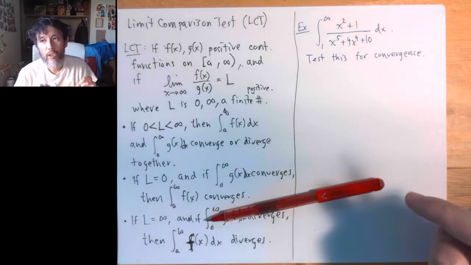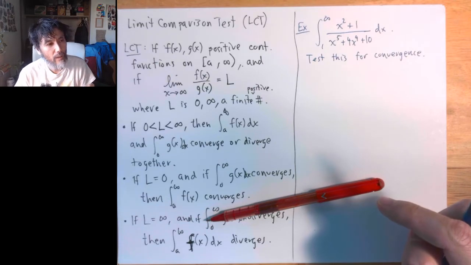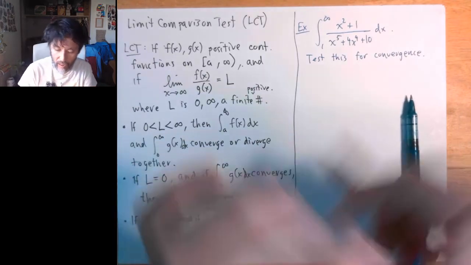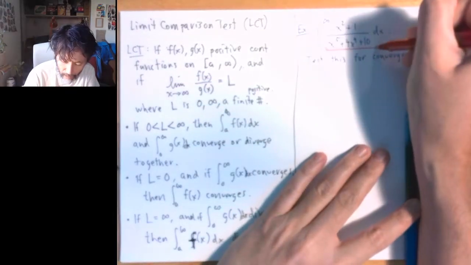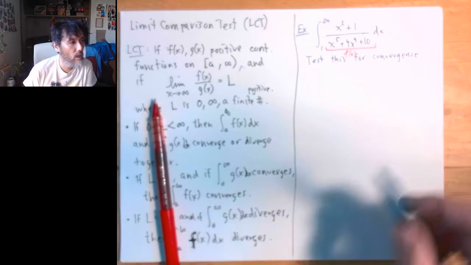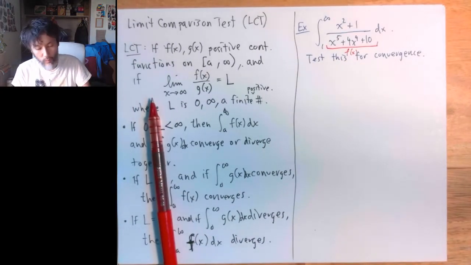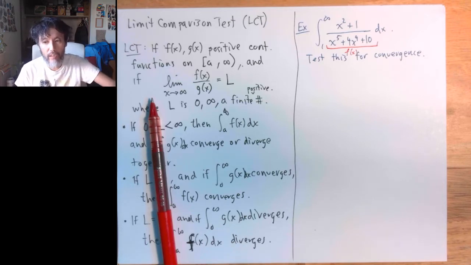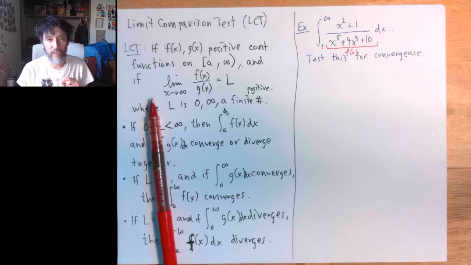So let me try to explain how I'm going to come up with the g of x here. This is going to be my f of x. But a question that you're going to have when I write down what I'm about to write is, how did Professor Inouye come up with that particular g of x? I'm not going to say it right now, but I promise that I will when I'm done with this example, okay?